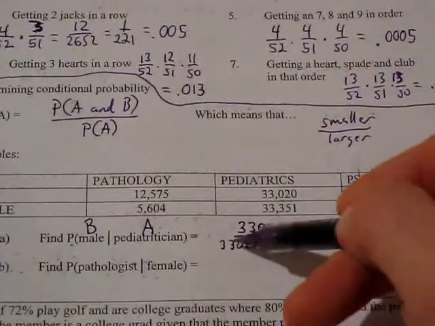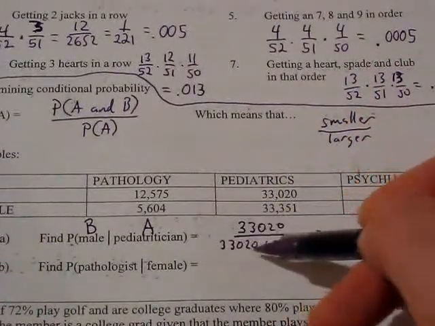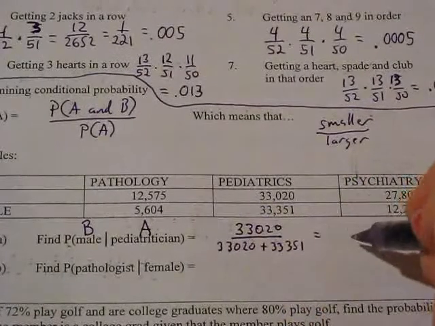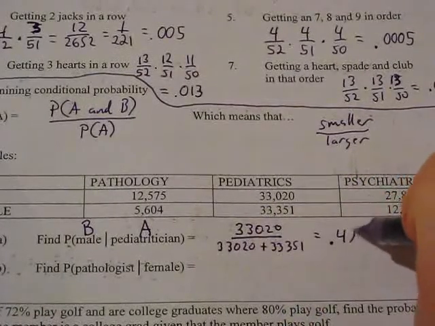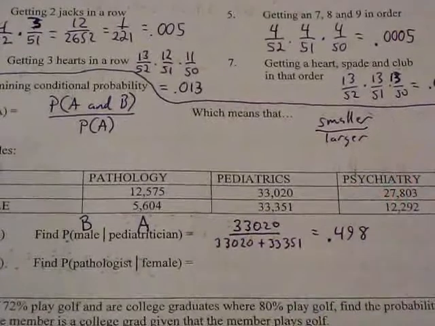And if you add these up, numerator divided by the total number in the denominator, it'll give you roughly 50%, or 49.8%.